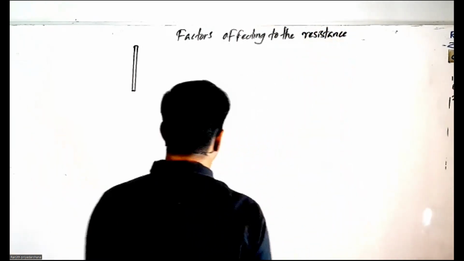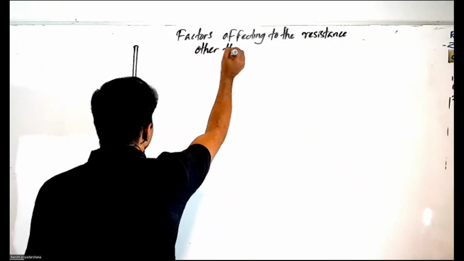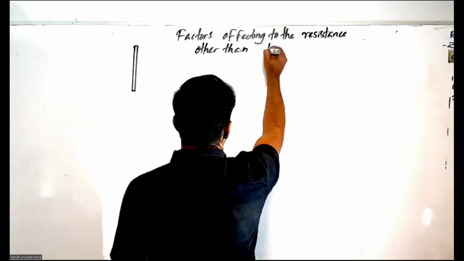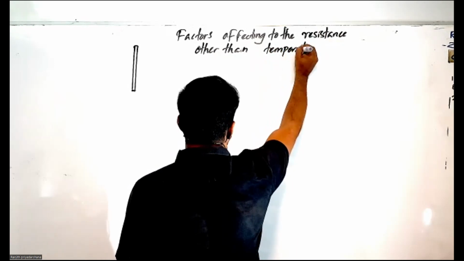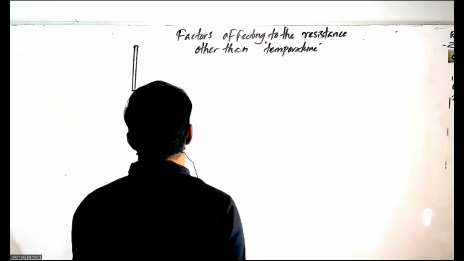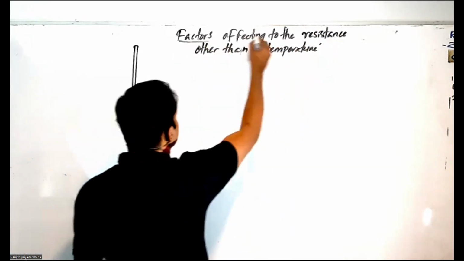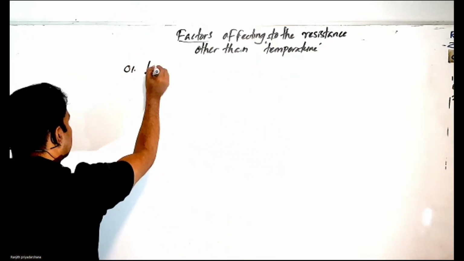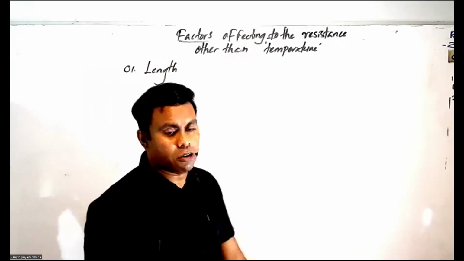Factors affecting the resistance other than or in addition to temperature. Temperature ඇරුණාම මොනවද බලපාන සාධක? First one, length. Length of the conductor.